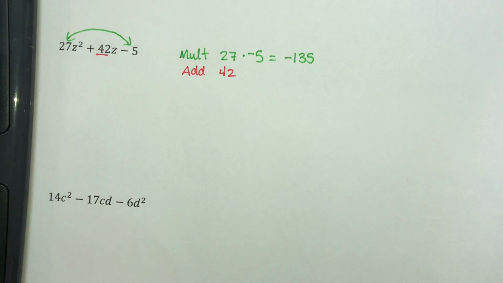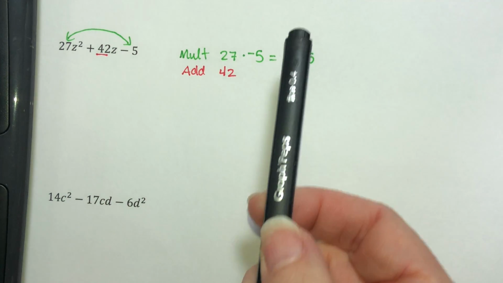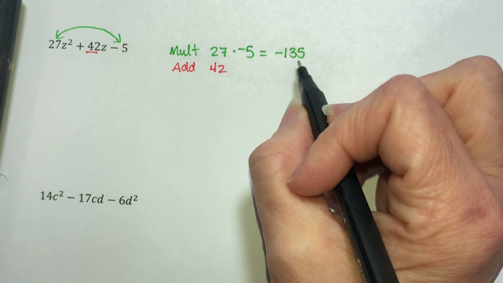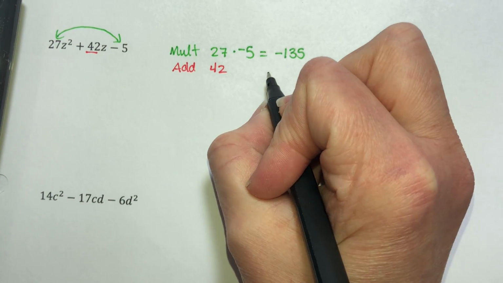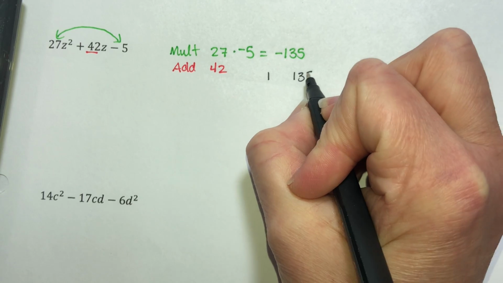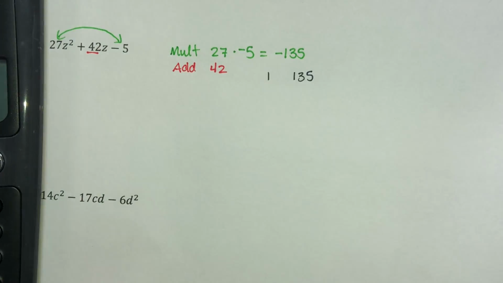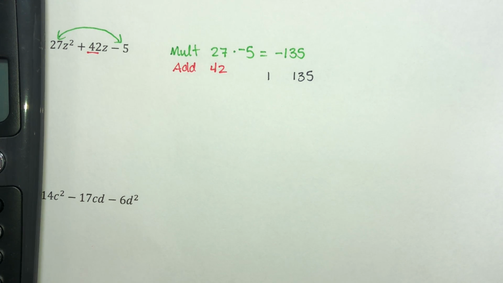I'm going to list things that multiply to 135. We'll deal with the sign in a minute, okay? So things that multiply to 135. 1 and 135. And then 2 will not work. Does 3 work?